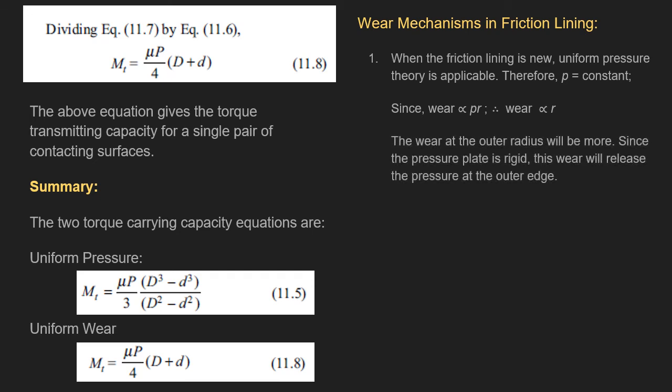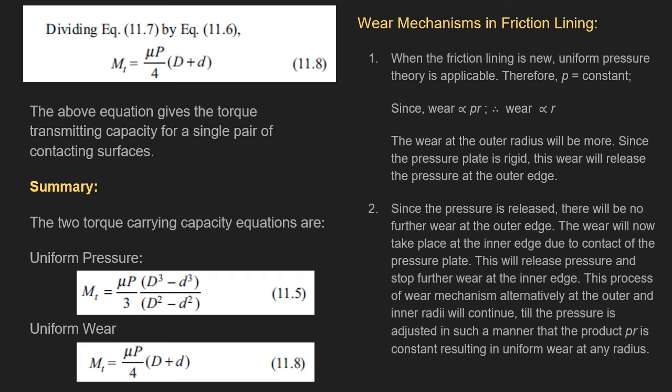Therefore, when the radius is maximum, at the outer radius, the wear will be more. And when wear happens, pressure at the outer edge will be released, and since the pressure is released, there will be no more wear at the outer surface, and the wear will now take place at the inner edge.